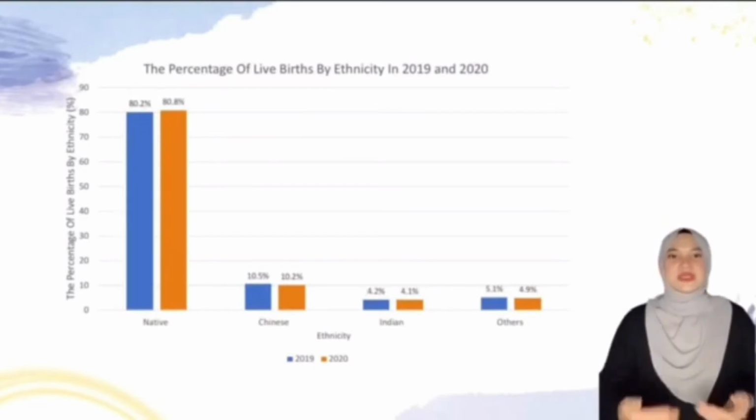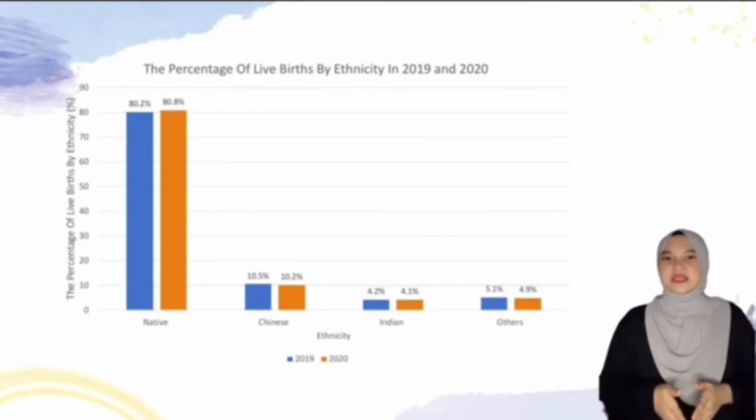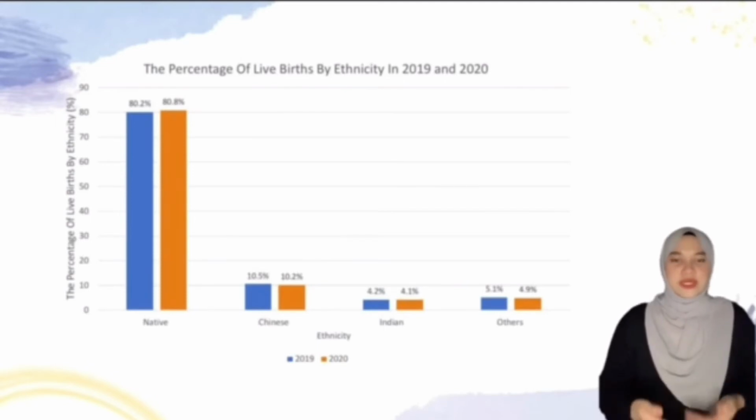According to the chart, the percentage of native ethnicity recorded increased steadily from 80.2% in 2019 while 18.8% in 2020. Next, the percentage of Chinese ethnicity fell slightly from 10.5% in 2019 to 10.2% in 2020, and there was also a slight decline from 5.1% in 2019 to 4.9% in 2020 for others ethnicity.